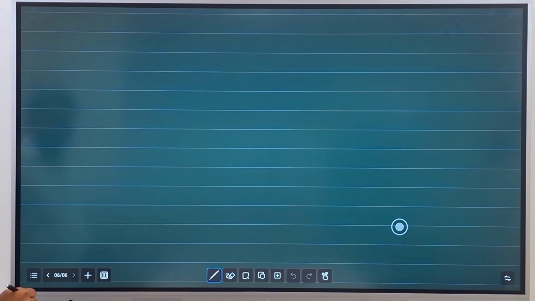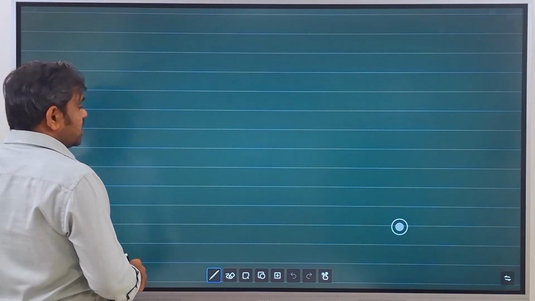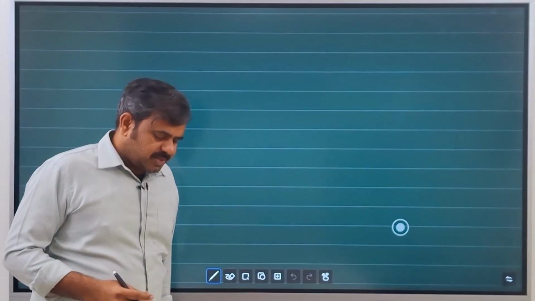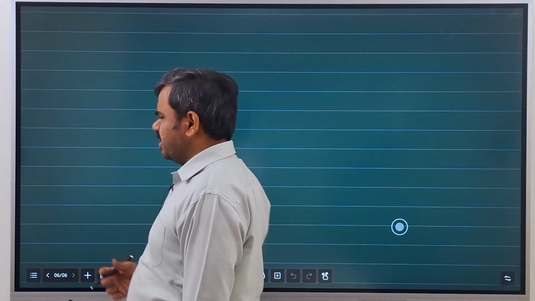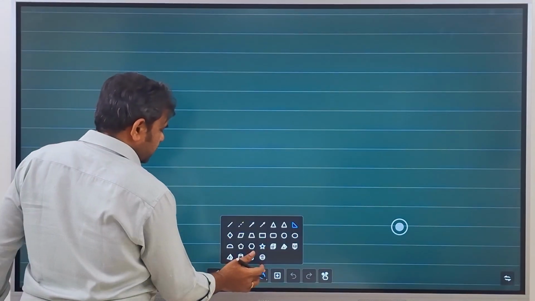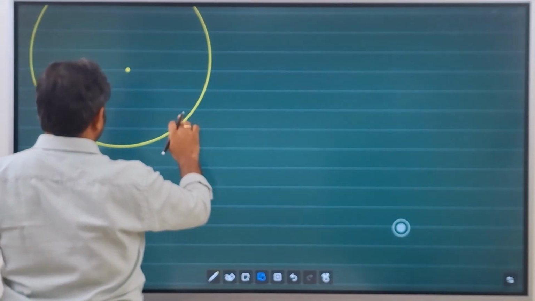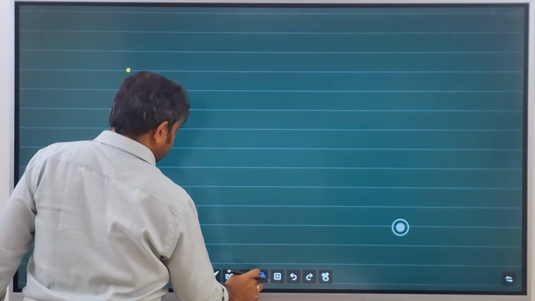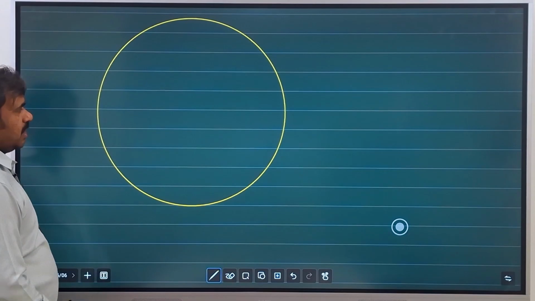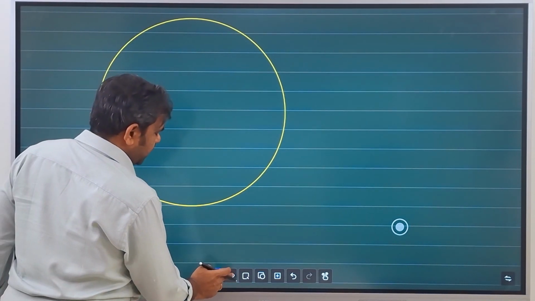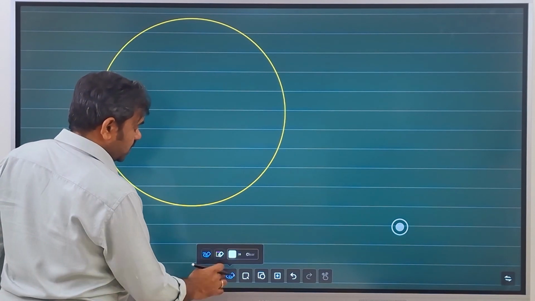Now, in order to study how these ratios change as theta changes, let's take a unit circle. Let me draw a circle here. Let's take the center of the circle as the origin of the xy coordinate system.